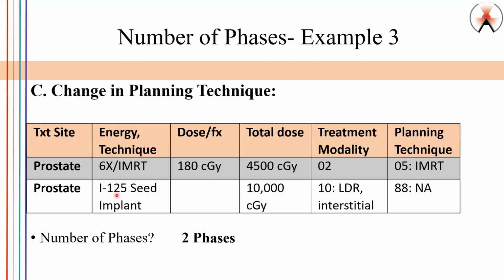We need to know the difference between LDR radioactive seeds and HDR. Iodine 125 is low dose rate, LDR. So these are clearly 2 separate treatment techniques. When you have a change in the planning technique, you have separate phases. So in this case, 2 phases.